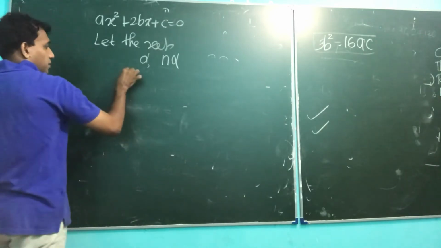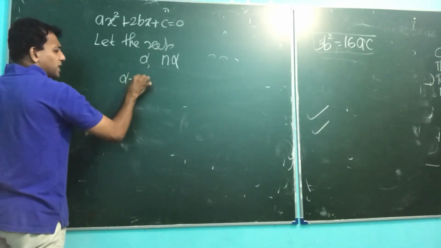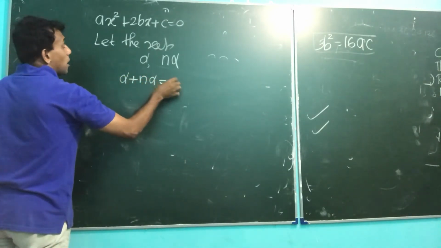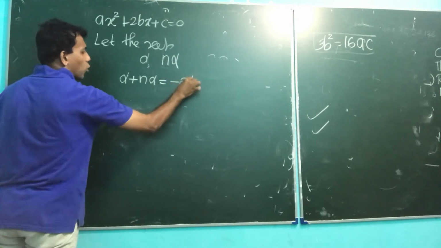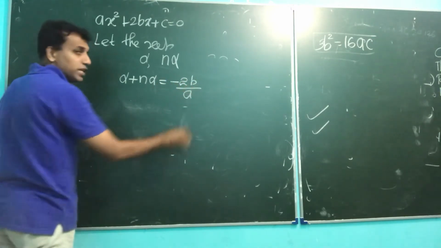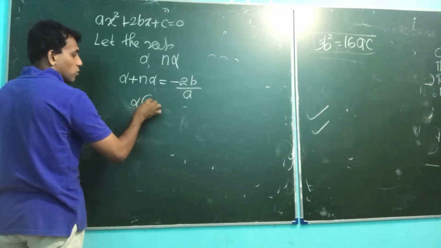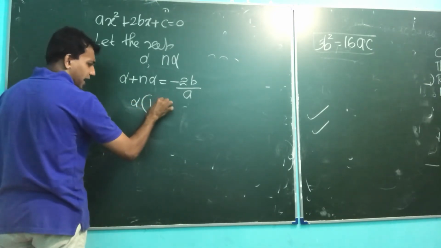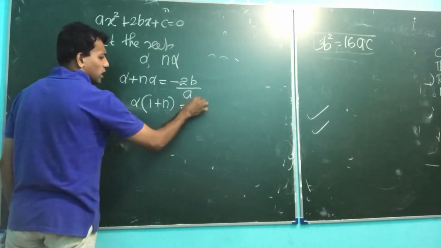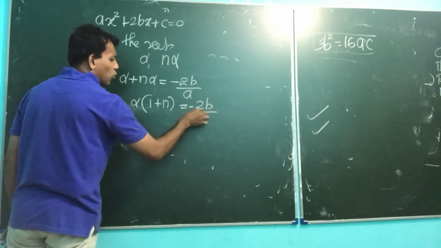So write our famous alpha plus beta equals minus b over a. Take the alpha out. What is that? 1 plus n alpha equals minus 2b over a.